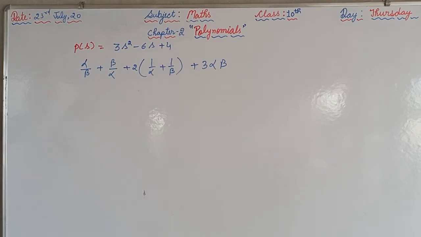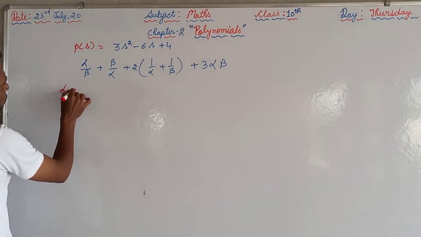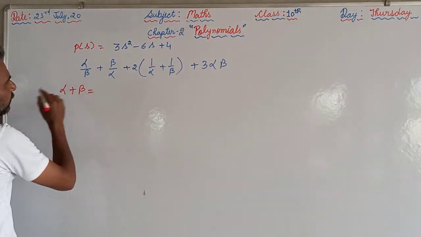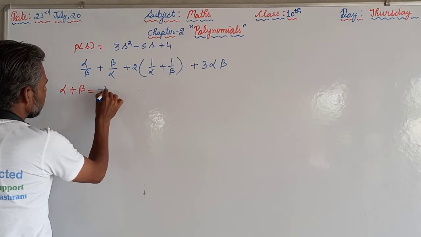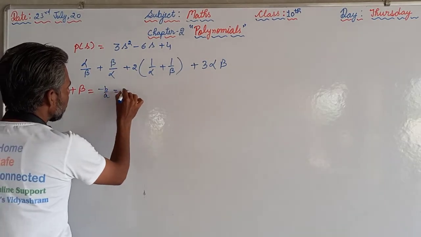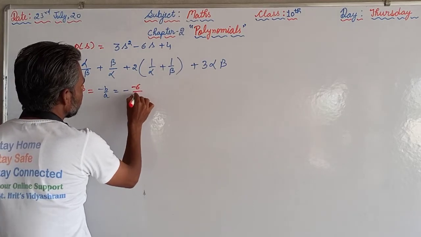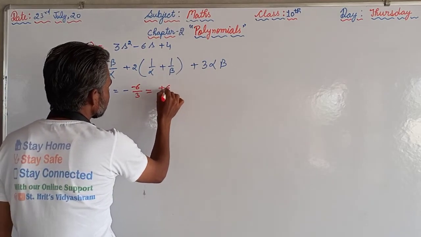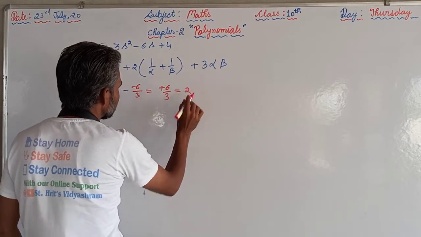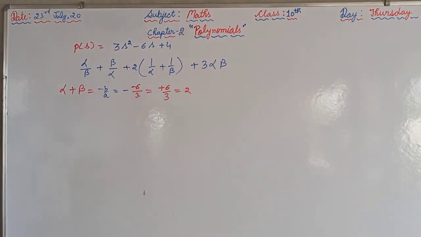So we will use the given polynomial and find alpha plus beta. Alpha plus beta is minus b upon a, minus b is minus 6, minus 6 upon 3 means plus 6 upon 3, which is 2. The value of alpha plus beta is 2.